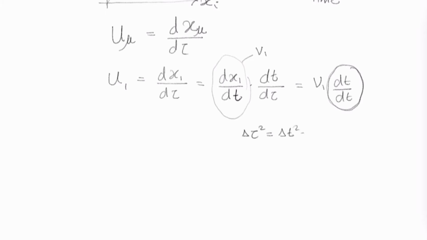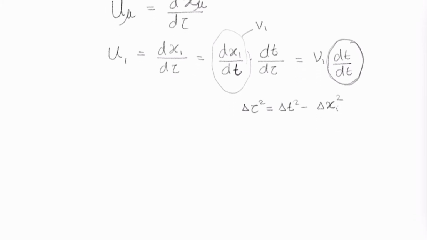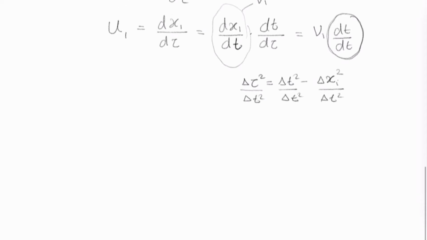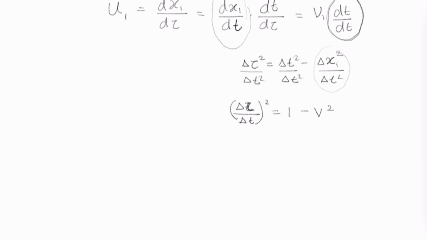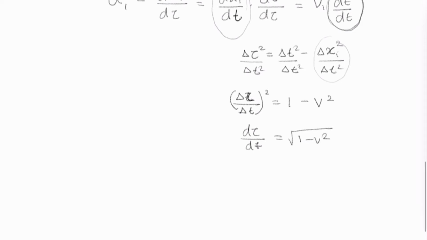Delta tau squared equals delta t squared minus delta x squared. If we divide everything by delta t squared, delta tau squared divided by delta t squared equals 1 minus delta x squared divided by delta t squared. Delta x by delta t is v. So d tau by dt is the square root of 1 minus v squared.